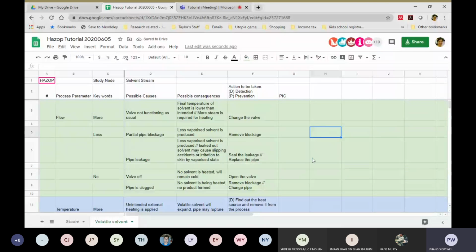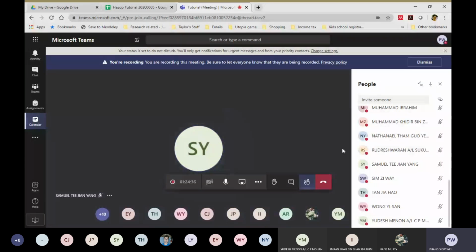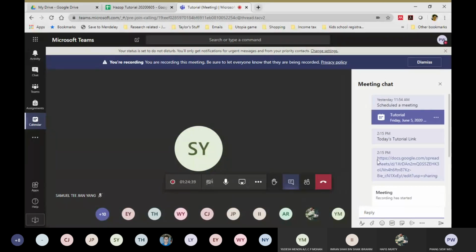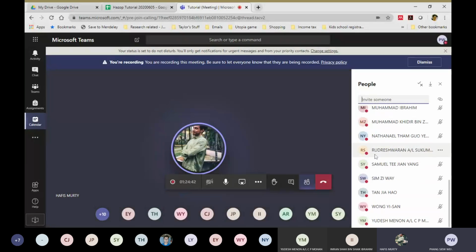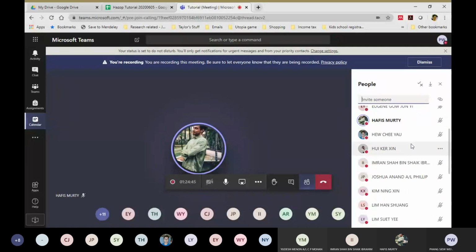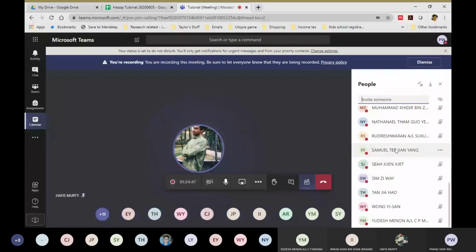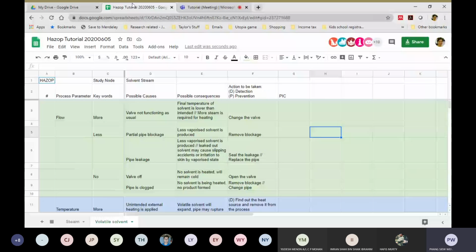Okay, ready for this, the team that is working on the solvent streams. Anyone? Hello? Knock, knock. Is there anyone here? Sorry, this is the CE side, right, Miss? Yes. Okay, sorry. And you know what? I always receive feedback from the lecturers saying that this batch of CE students are very quiet.